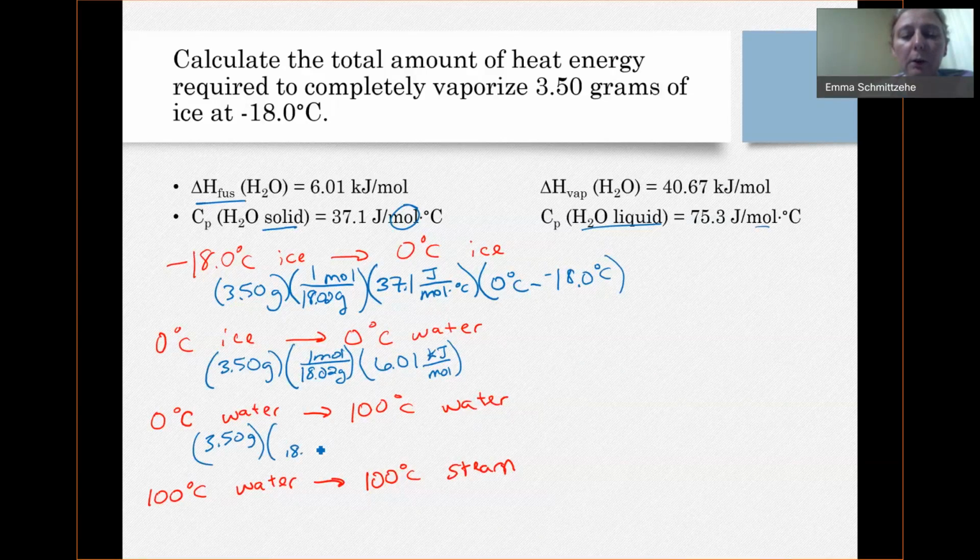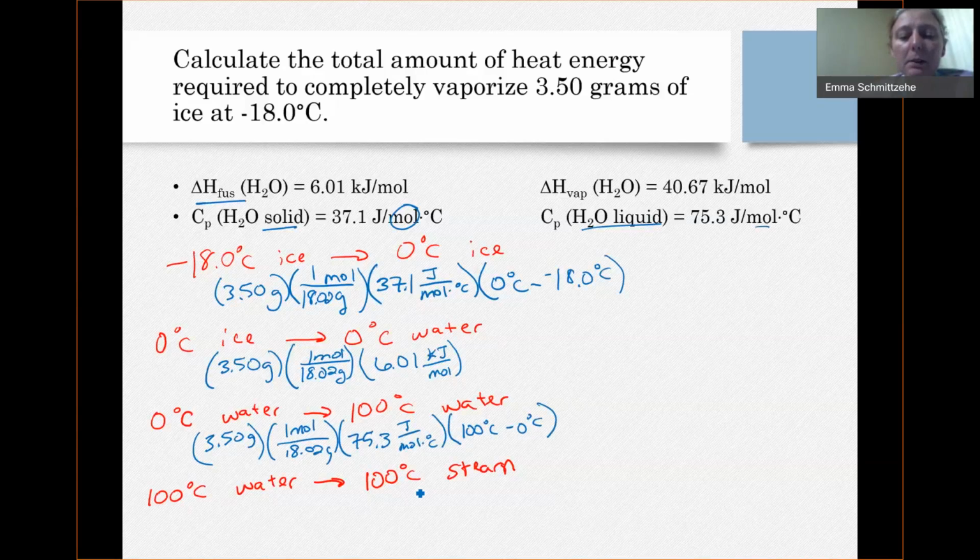Again, if you don't want to rewrite that conversion every time, you could do that first and then just take those moles in the calculation. And then the heat capacity, the 75.3 joules per mole degrees C, times the change in temperature, so 100 degrees C minus 0 degrees C.